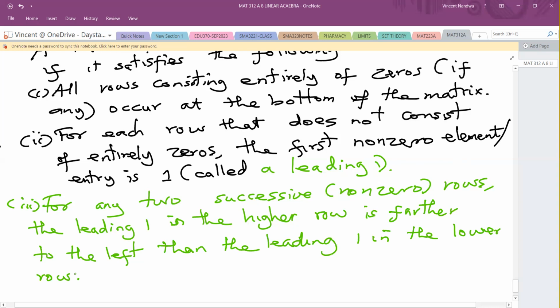So any matrix that satisfies these properties is called a row echelon form matrix.